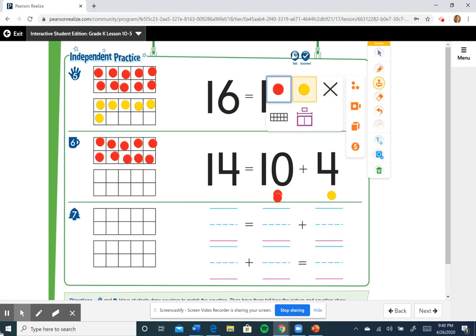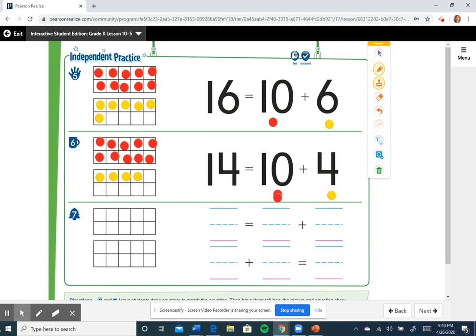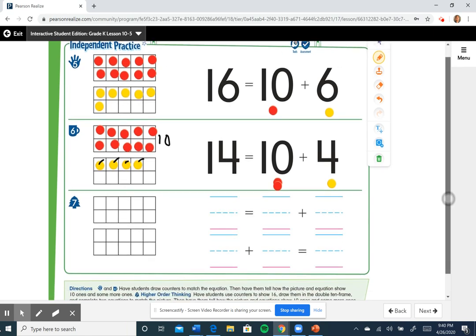And then my yellows, we need 4. 1, 2, 3, 4. I'm going to double check. 1, 2, 3, 4. Okay. So I know that 14 equals 10 plus 4. So I know this is 10. And then I have my 1, 2, 3, 4. All together, that's 14.